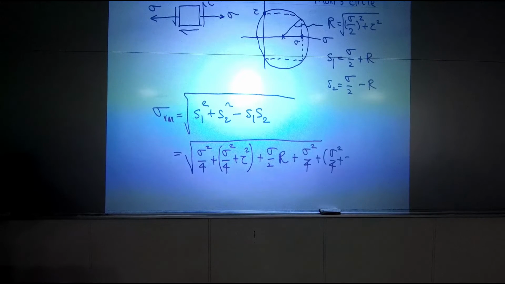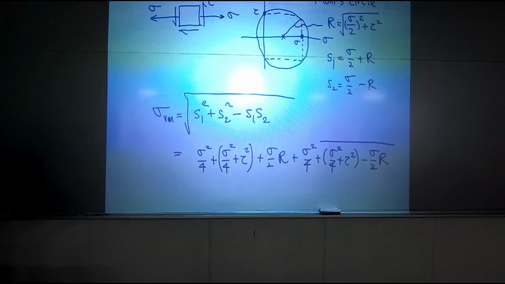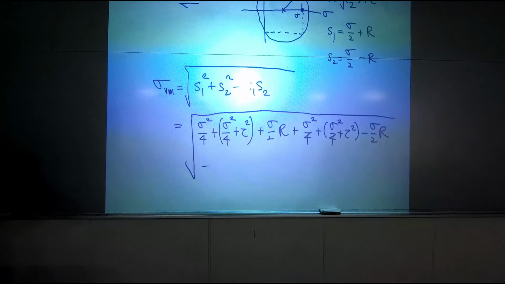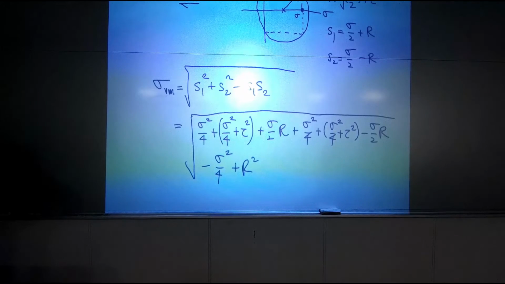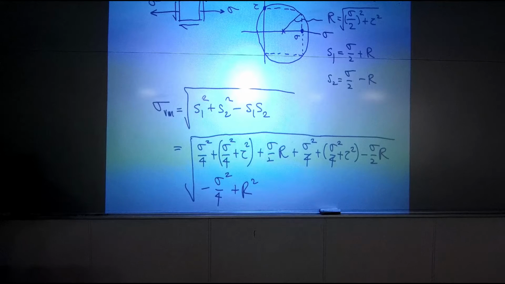I'm deriving directly, and here is going to be negative sigma and R. And it's a huge square root. I cannot carry it in one line, so two lines. So minus sigma squared plus R squared. Okay. This is how it looks like. And I need to write down R squared. R squared is this guy.